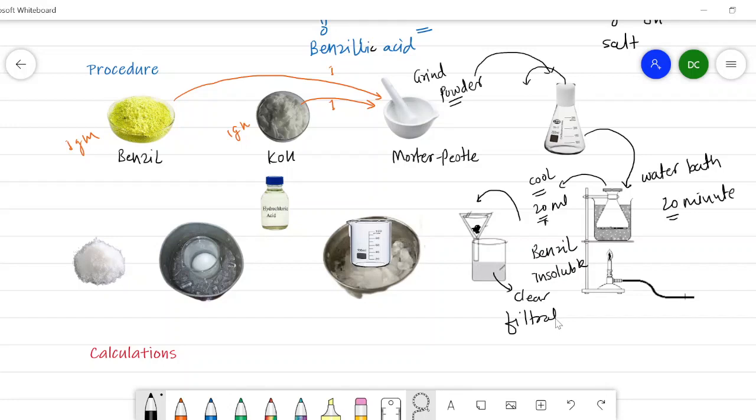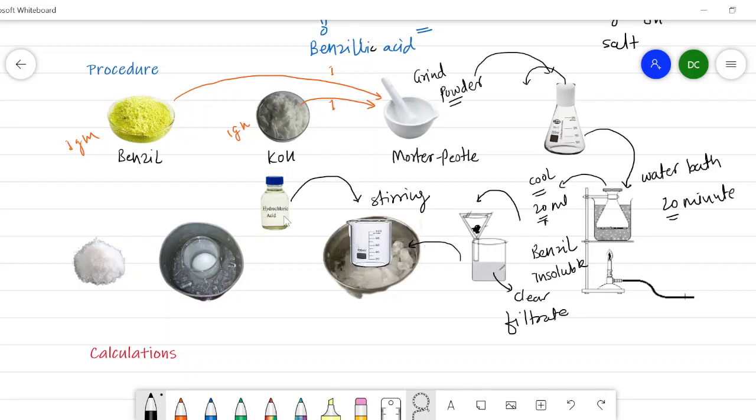Now this clear filtrate is taken in the ice bath, and hydrochloric acid is added dropwise in this beaker which is put in the ice bath. After the addition of hydrochloric acid and stirring, we get a conversion of the salt into the carboxylic acid.